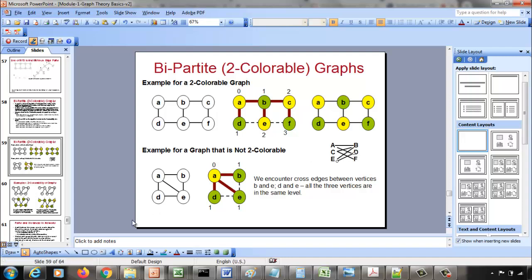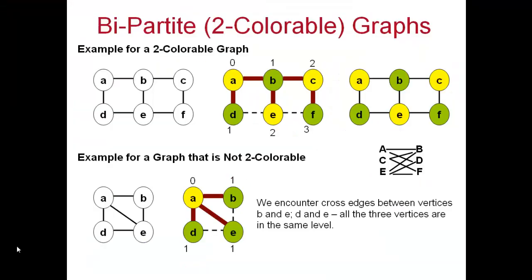So you see all the edges are between vertices in different partitions. They are not between vertices in the same partition. Okay, so this is a bipartite graph.